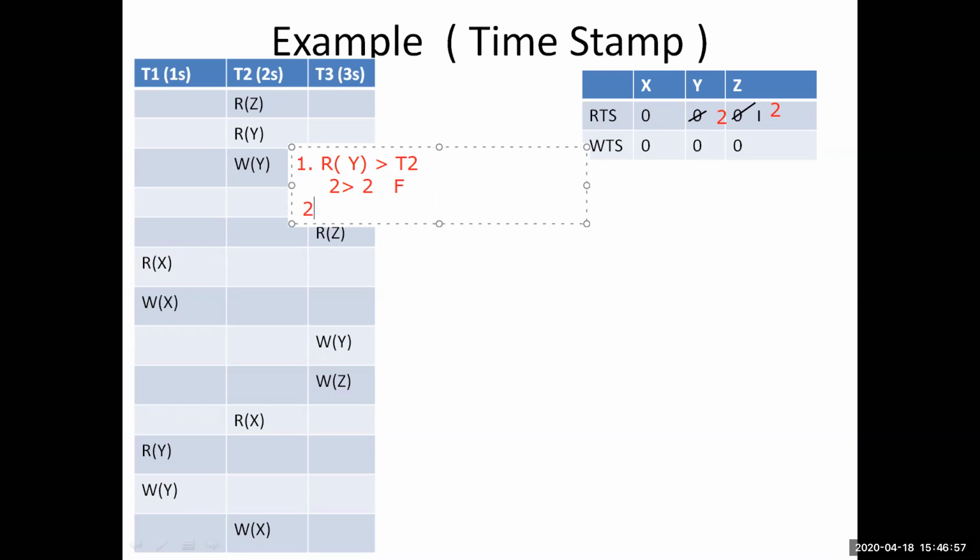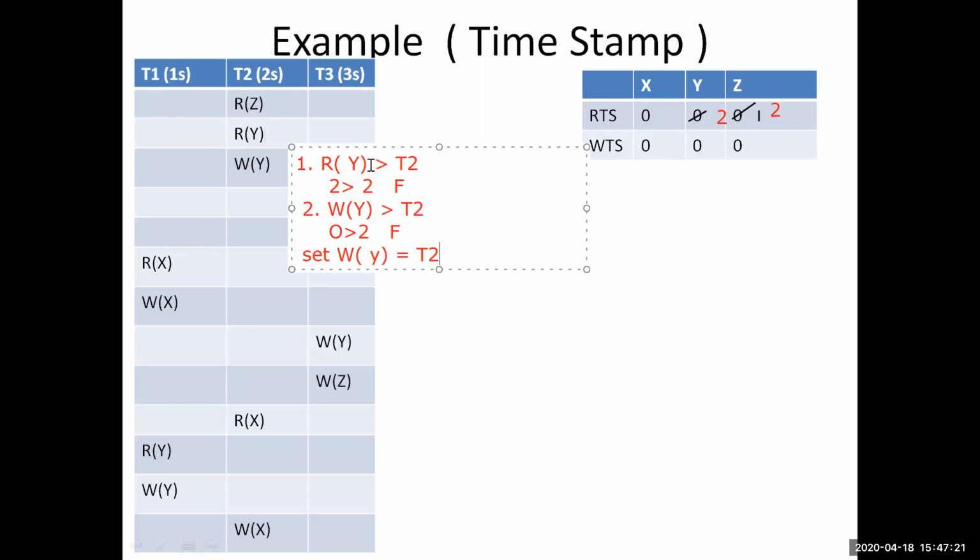The second condition I need to check is whether write of Y is greater than T2. That means, is 0 greater than 2? Both conditions are false. So set write of Y equal to T2.